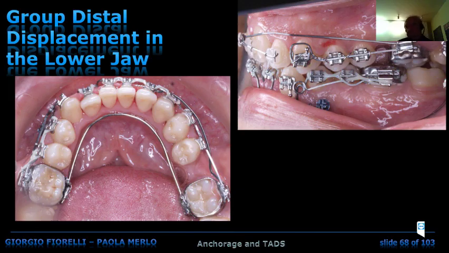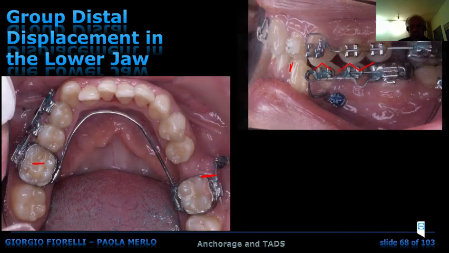You see, this happened in 3 months maybe. Now you see that the canine is more or less in class 1. We have an acceptable intercuspation here. And the position now is not so much different between the 6 and the 7 on the 2 sides. Go back and see. You see?